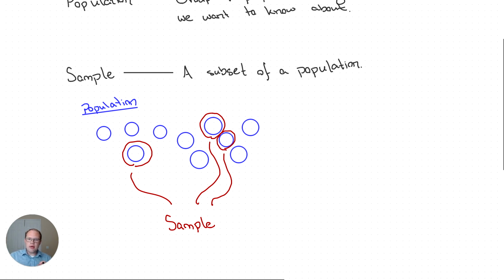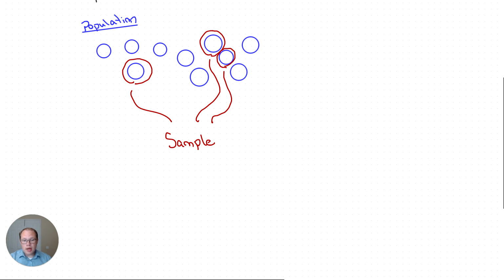Now, we want to summarize the data we get from a population. We want to summarize the data we get from a sample. So we want to know about the population. A lot of times we want to know about a parameter.